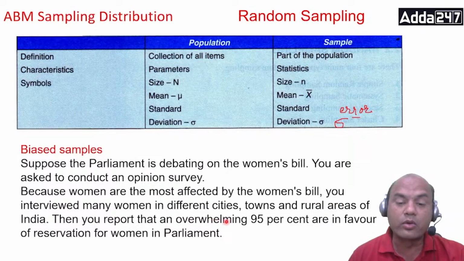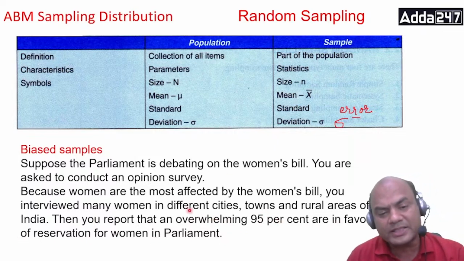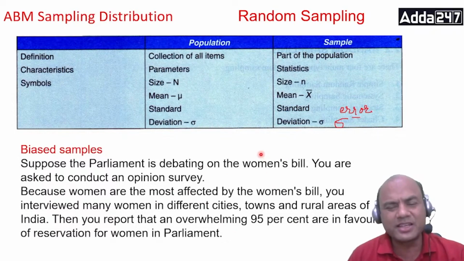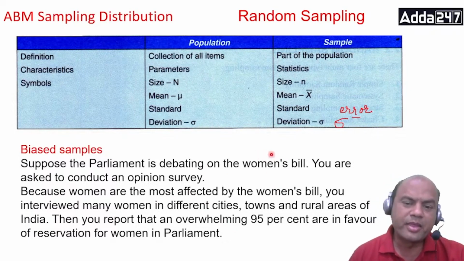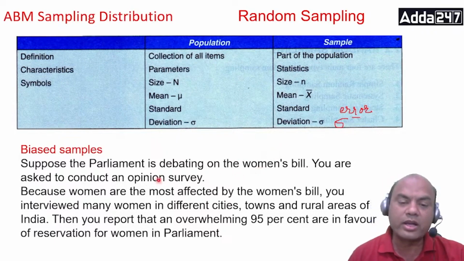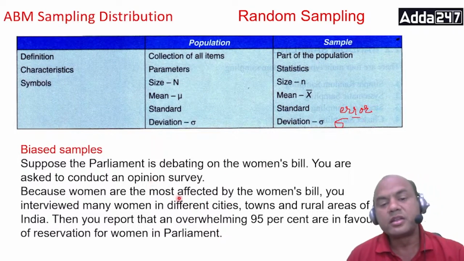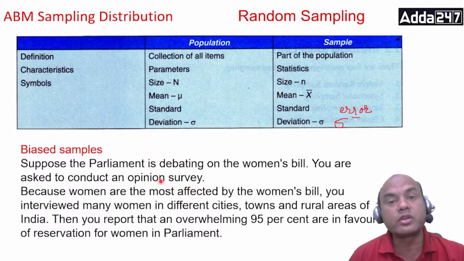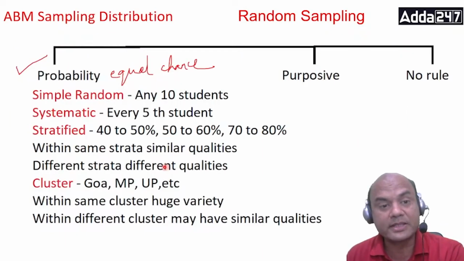Then you report that an overwhelming 95% are in favor of the reservation of the women's bill. Now that is biased sampling. If you ask only women about the women's bill, they'll definitely support it. Generally, that's a tendency. So that's the basic biased sample. What we mean to say is that the population should be equally divided. If you are asking those who are in favor, you should also ask those who are not in favor. Otherwise, it becomes a biased sample.